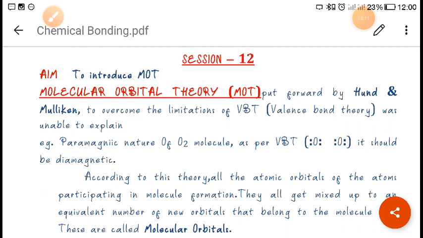Molecular orbitals, right? During this process, there are two possibilities. If the crests meet each other, it will be a bonding molecular orbital. And if the crest and trough meet each other, they will form an anti-bonding molecular orbital, right?